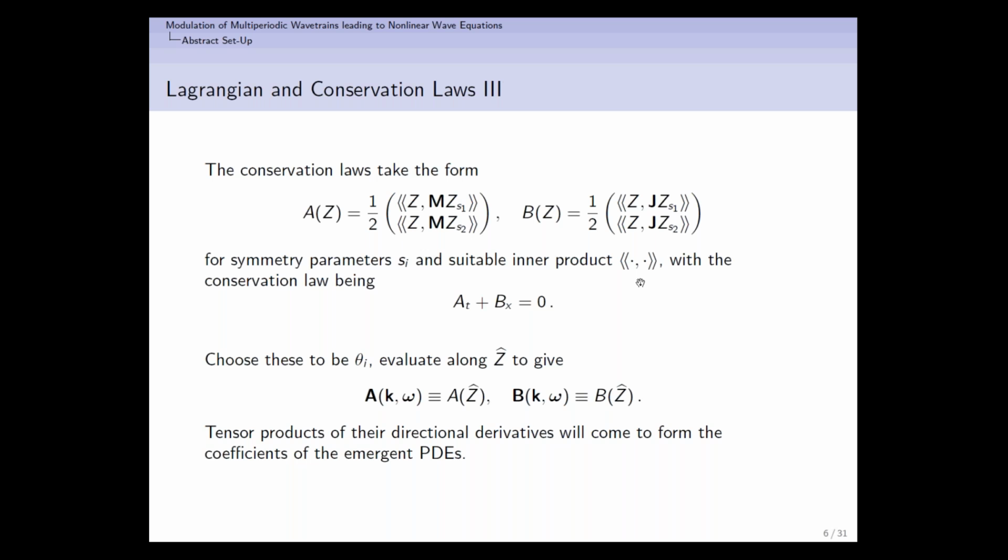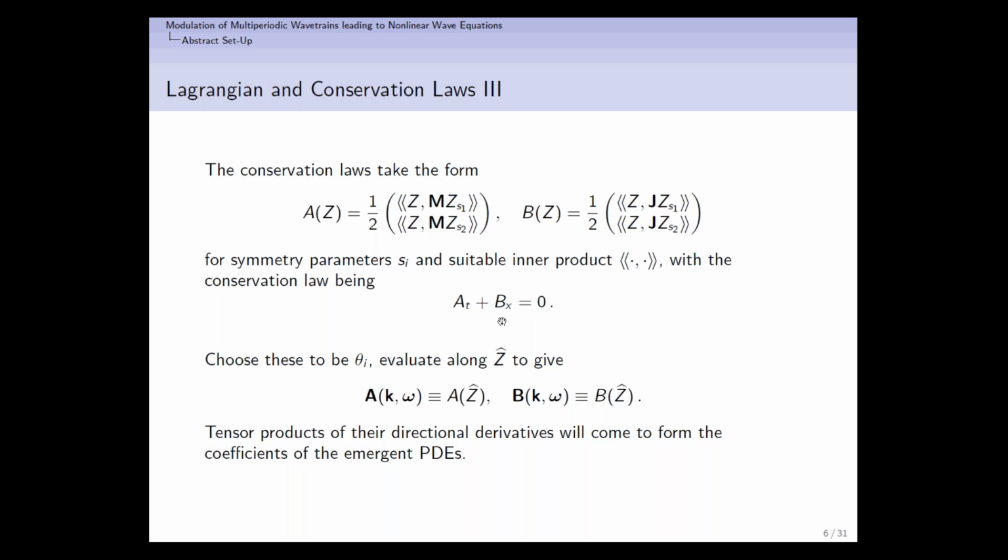So for periodic waves, that's going to be averaging over each phase. For the affine symmetry, it's just the standard L2 inner product. And as I mentioned before, these inner products for each component have this M and this J. So we're seeing the structure of the Euler-Lagrange equations appear in the conservation laws. And these come together to form this conservation law here, A_T plus B_X equals 0. Okay? So we've got two.